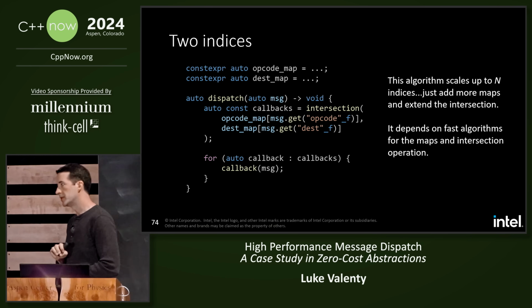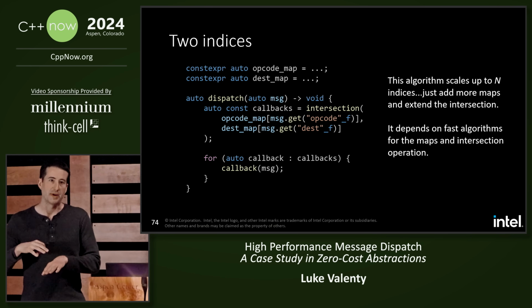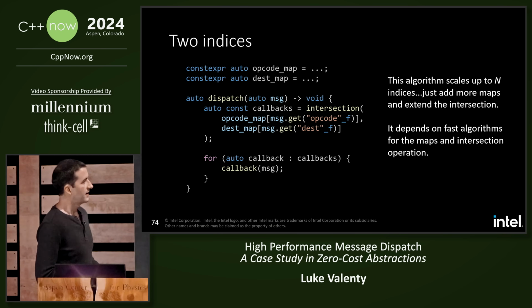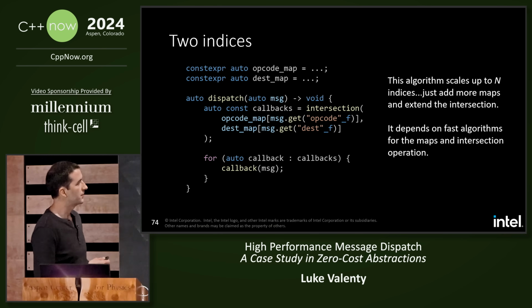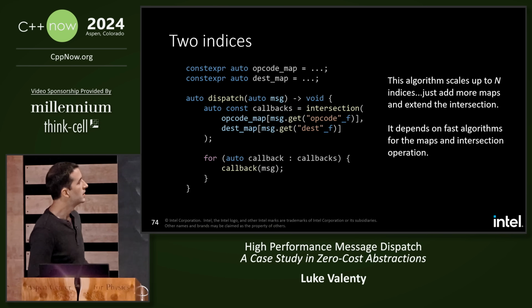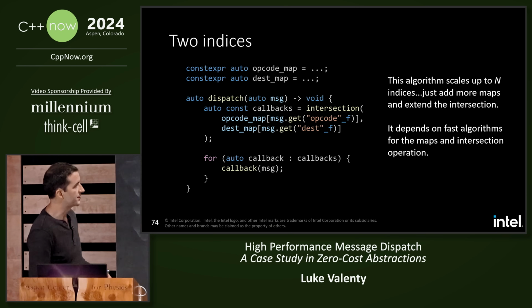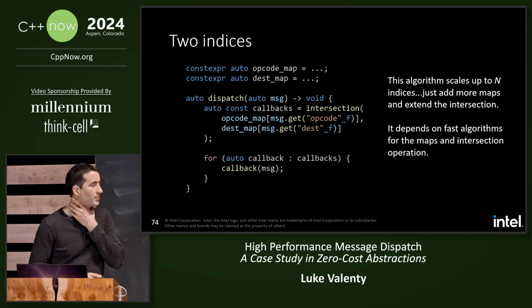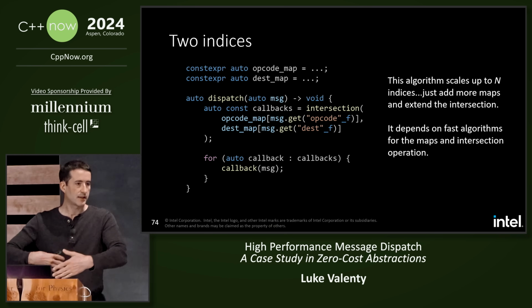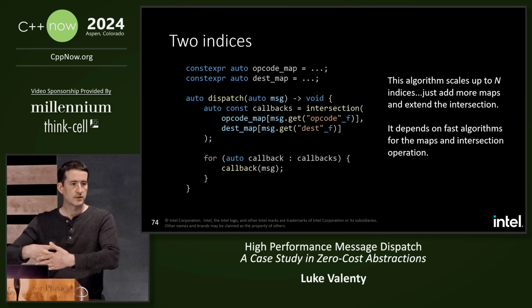When you need to accelerate the lookup based on multiple fields, it gets a little bit more complicated. But as it turns out, it's not much worse. So this map here is mapping opcode to a list of zero or more callbacks, right? These maps are doing the same: opcode to zero or more callbacks, destination ID of some type to zero or more callbacks. But there's one additional thing we have to do. We do the lookups on the maps, and then we take the intersection of the callbacks, right?